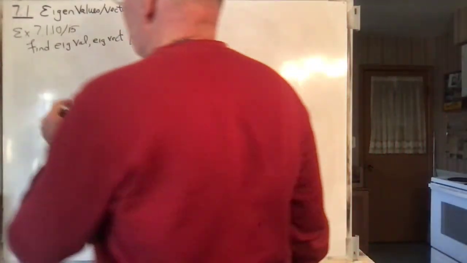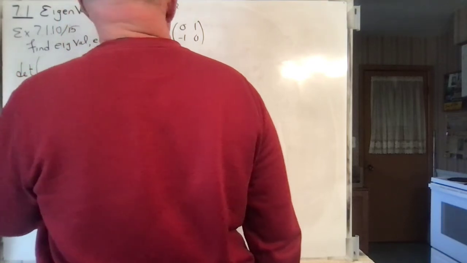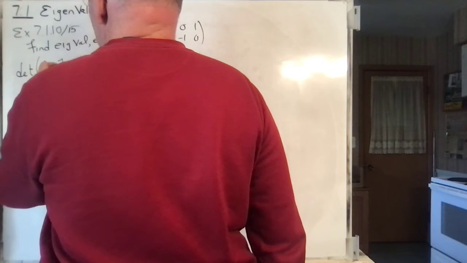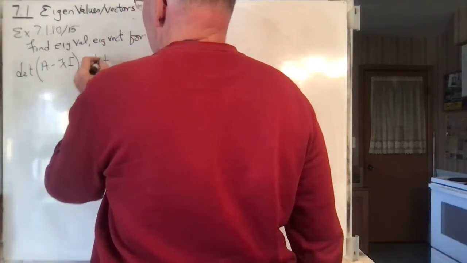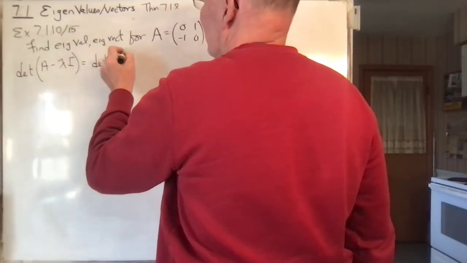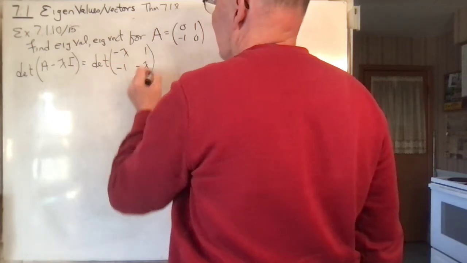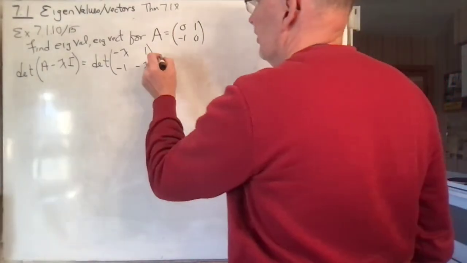So how do we do it? Do it the same way as before. We find the determinant of A minus lambda I. We subtract lambdas down the diagonal, so it's going to be the determinant of the matrix with minus lambda, 1, -1, minus lambda. And what's the determinant?